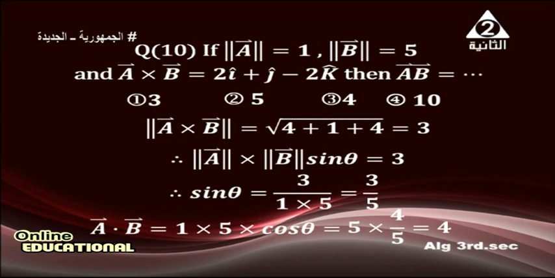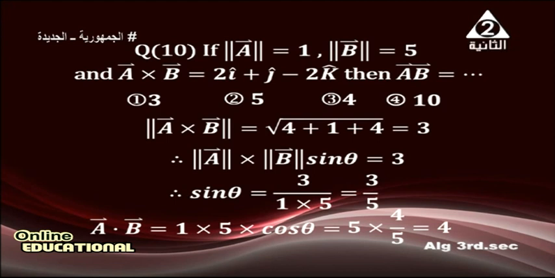Look at the example again. Norm A equals 1, norm B equals 5, and the given A cross B is 2i plus j minus 2k, required A dot B. What is the relation between A dot B and A cross B?